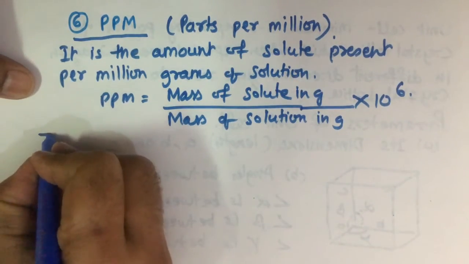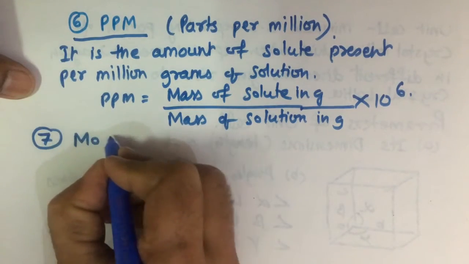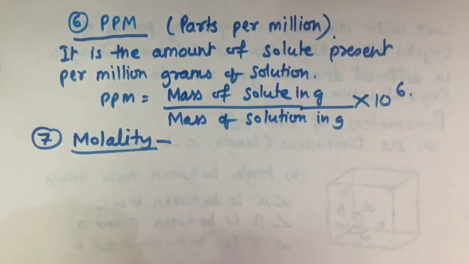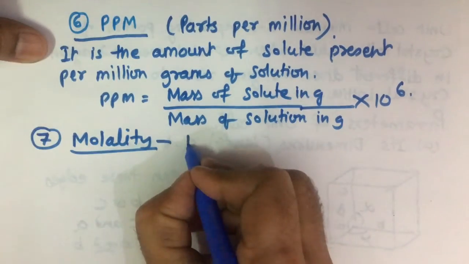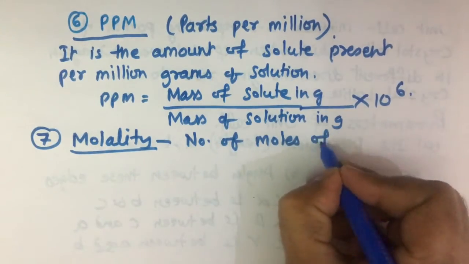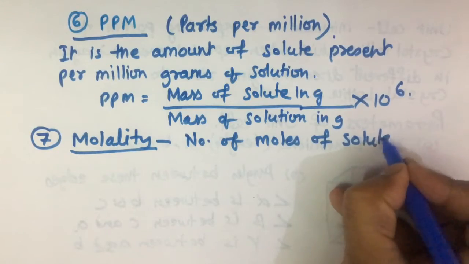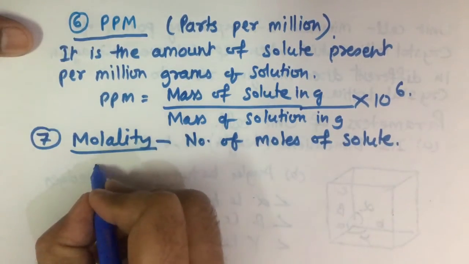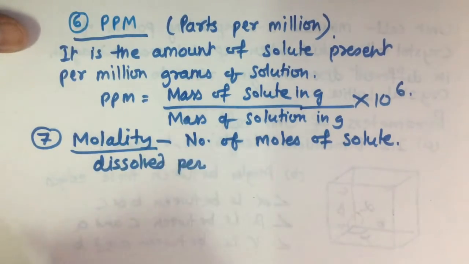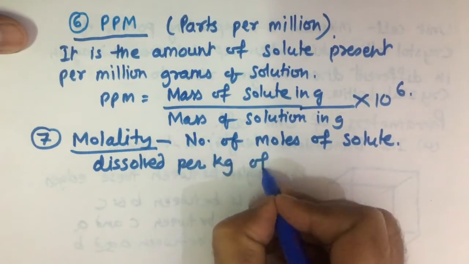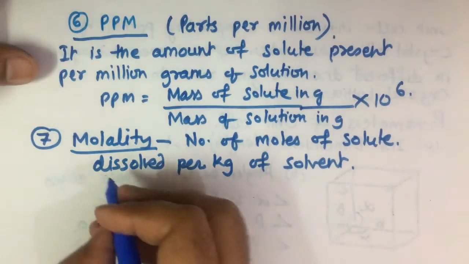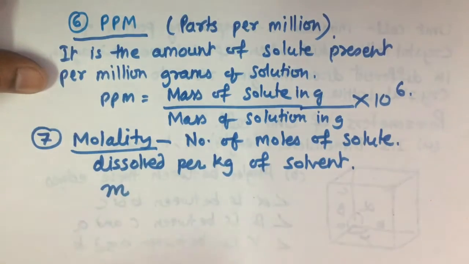Next is molality. Molality is the number of moles of solute dissolved per kg of solvent, denoted by small m.